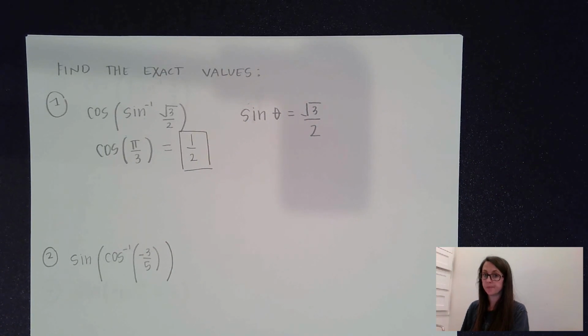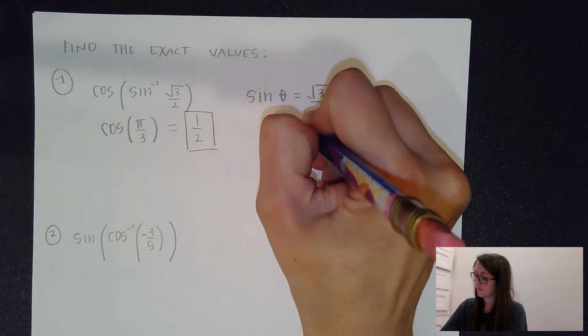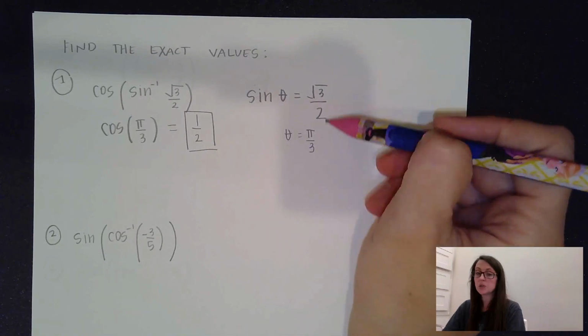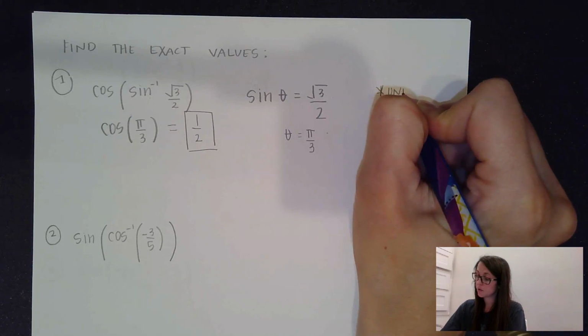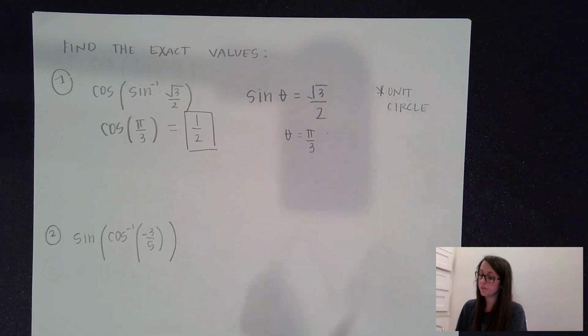Good deal? Okay, so this one, we could use the unit circle. So this one is using the unit circle. What about this next one?